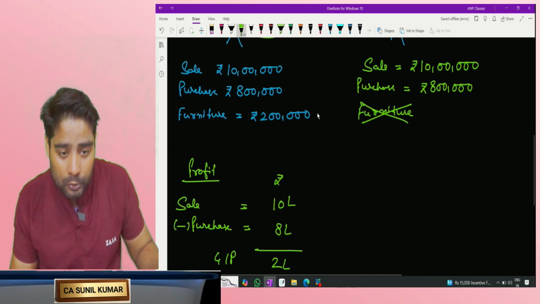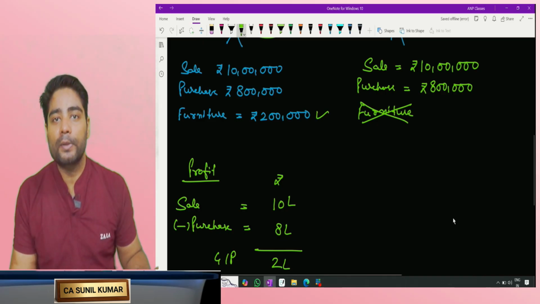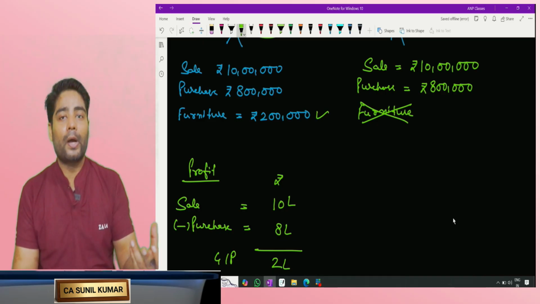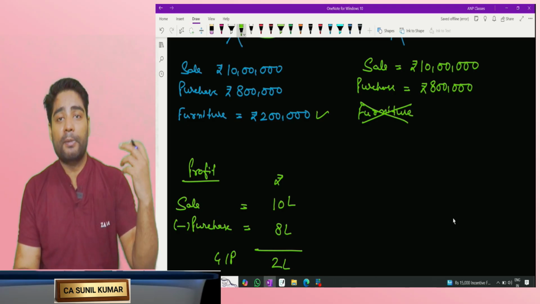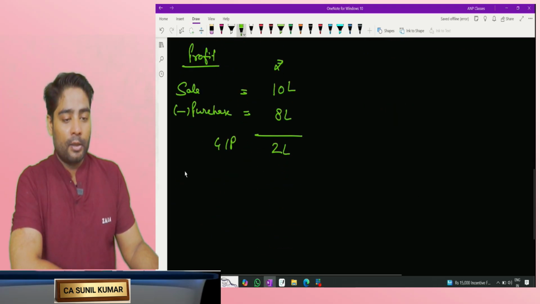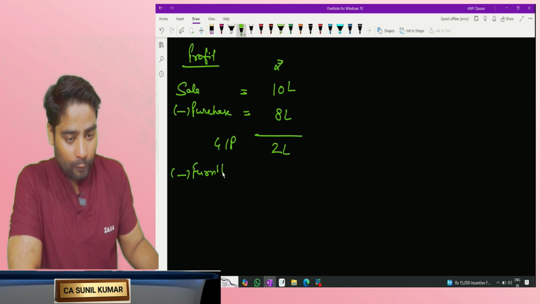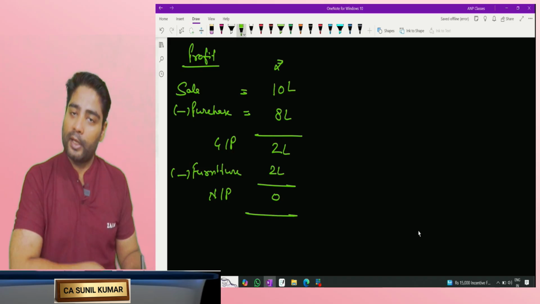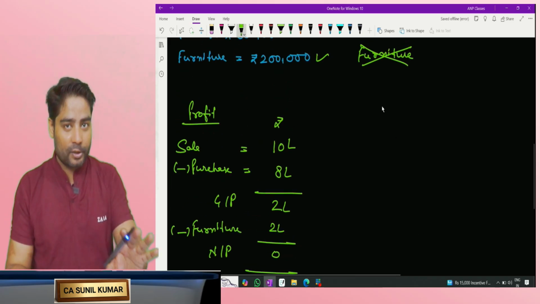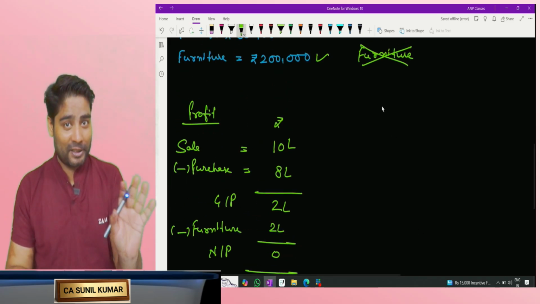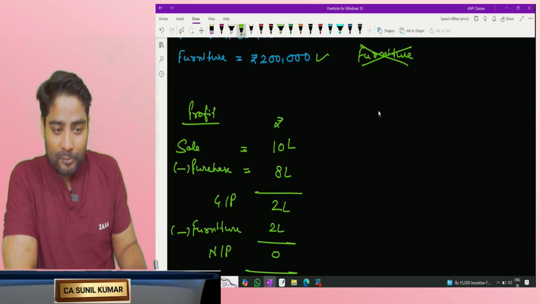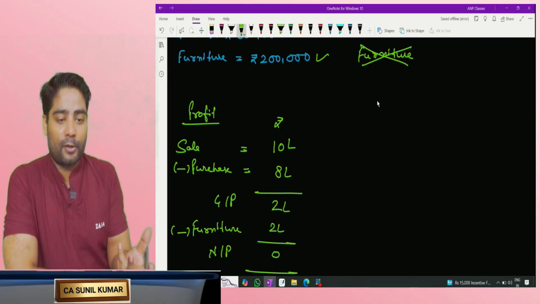But sir, he also purchased the furniture for rupees 2 lakh. That means he incurred an expense of rupees 2 lakh. So we shall also deduct the value of furniture, rupees 2 lakh. So the net profit is 0. I'm not saying this is correct or wrong, I'm just saying we calculated this net profit.